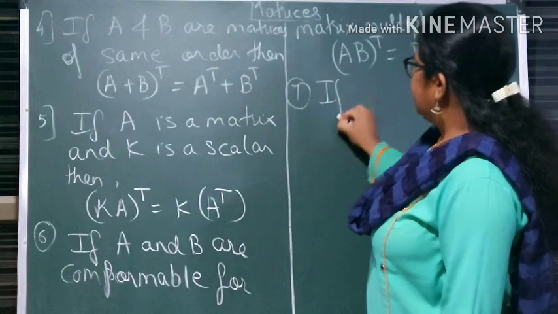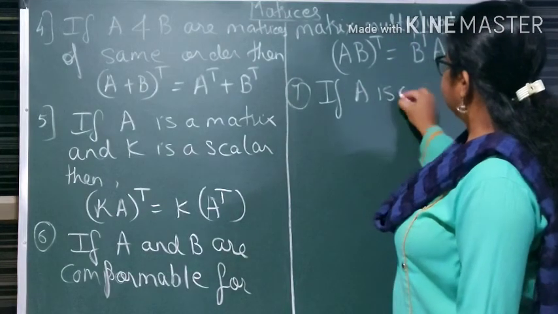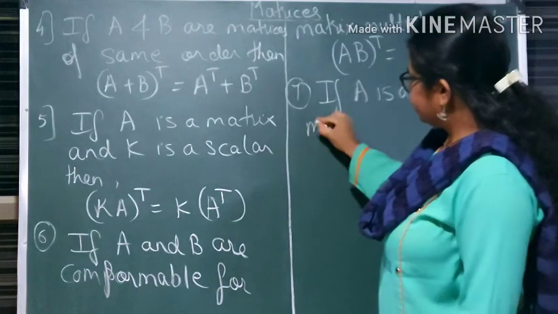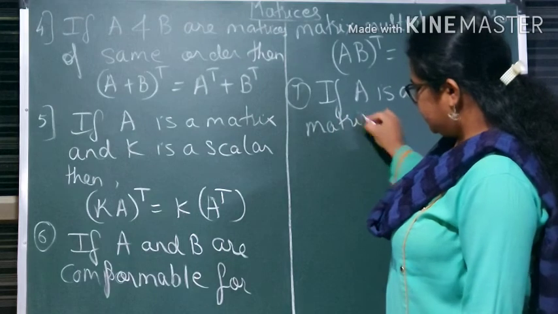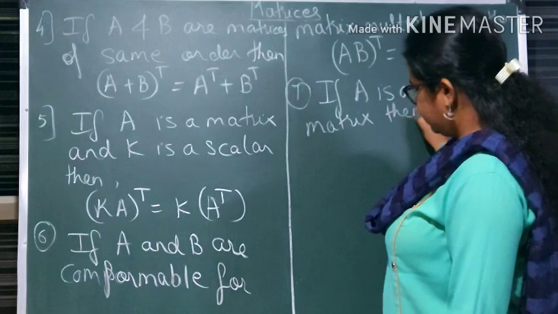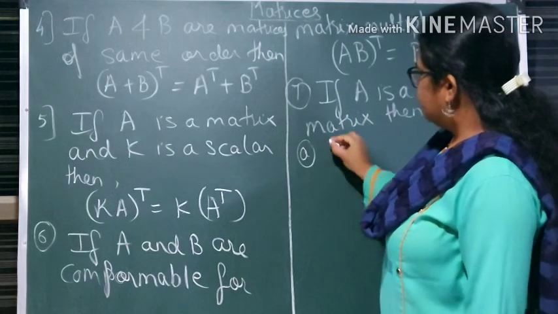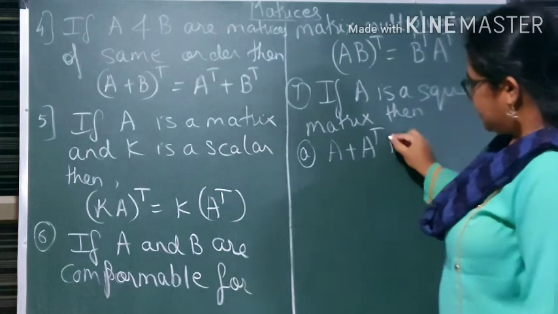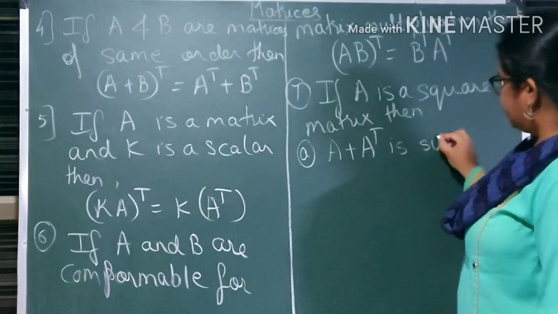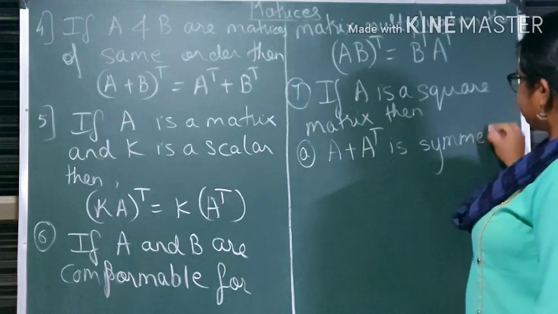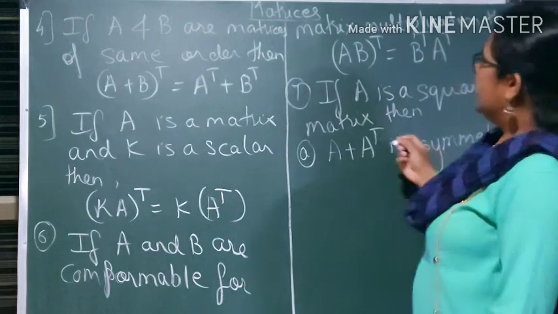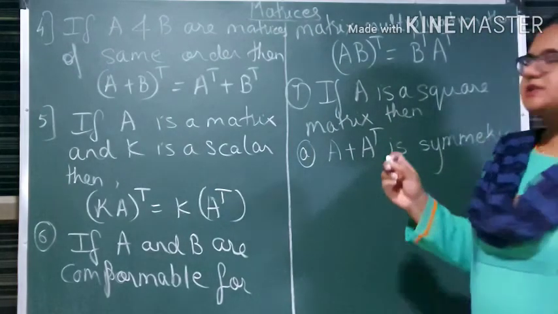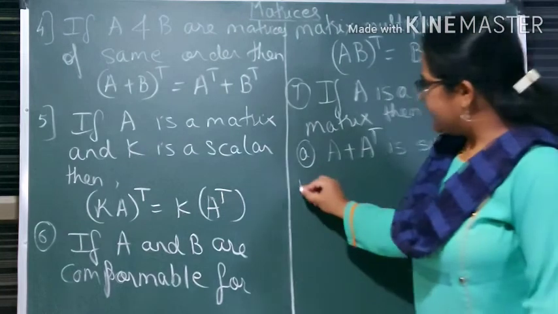Next property, if A is a square matrix, then first one, A plus A transpose is symmetric. If you have a square matrix A and if you add the matrix and the transpose of the matrix, you are going to get a symmetric matrix.